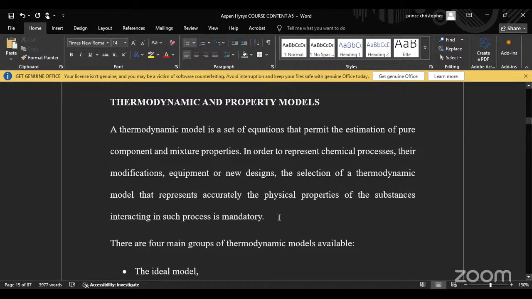Thermodynamic property is something you can't overemphasize when using Aspen Hysys.